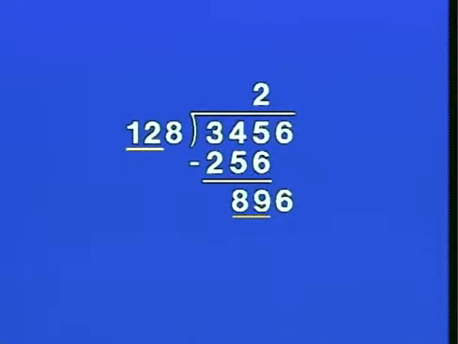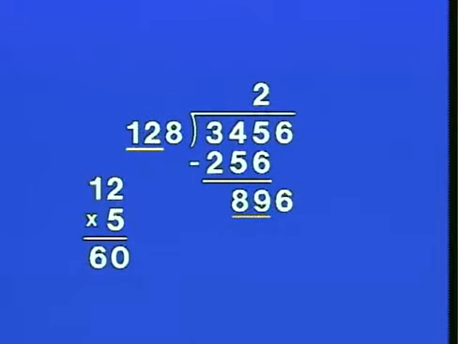Now, this isn't as easy as thinking about 12 into 34 as we had before. We might think, well, gee, I have no idea how many times 12 will go into 89. But what I can do is think, I'm looking for a digit to multiply times 12 to give a number that's just slightly smaller than 89. Could it be 5? Well, let's see. 12 times 5 would be 60.